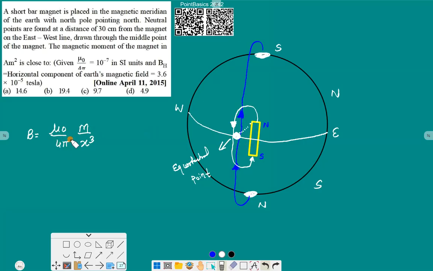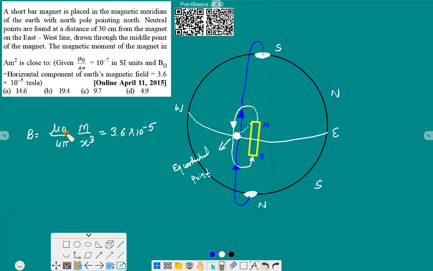So this is the value of the magnetic field. And the horizontal component of Earth's field is already given, means the value of magnetic field due to Earth at this point is already given to us, that is 3.6 into 10 raised to power minus 5. So both of these fields are equal in magnitude, just opposite in direction at this point, so we will equate them.